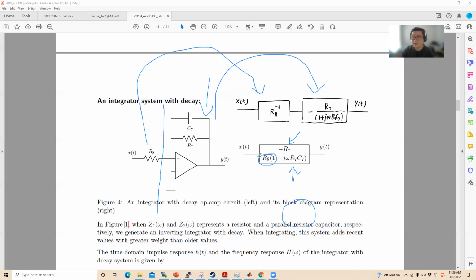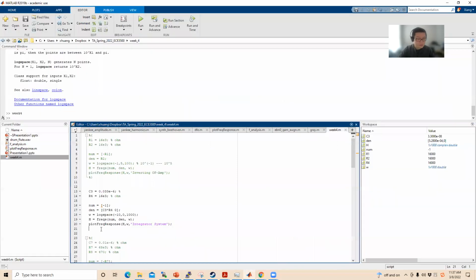R8 corresponds to the zeroth order coefficient, and R7 times C7 times R8 corresponds to the first order coefficient. So now let's define it in MATLAB.